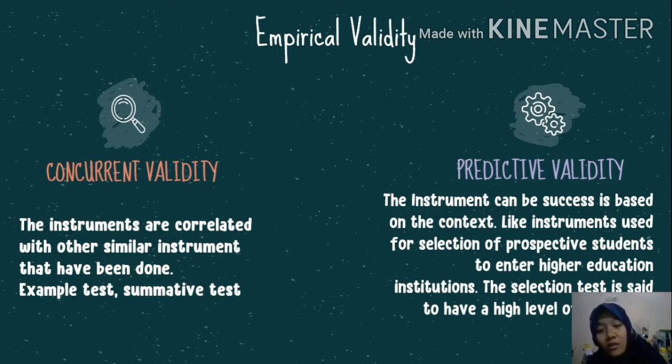So the institution has a high value so that the prospective student can be accepted to their institution. If the value of the student is lower, the validity is not valid.